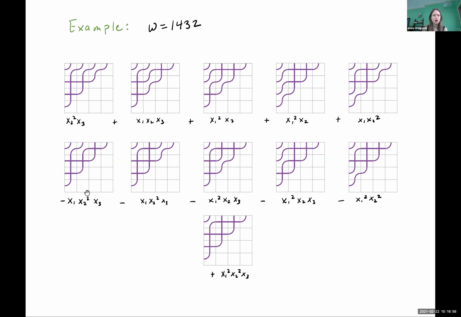It has 1 crossing in the first row, 2 crossings in the second row, and 1 in the third row. And so that gives us x1 x2 squared x3. Again, I'm not really telling you how to define these things, but I just wanted to show you a picture so that you see there's some nice combinatorics you can use if you would rather not think about these divided difference operators.